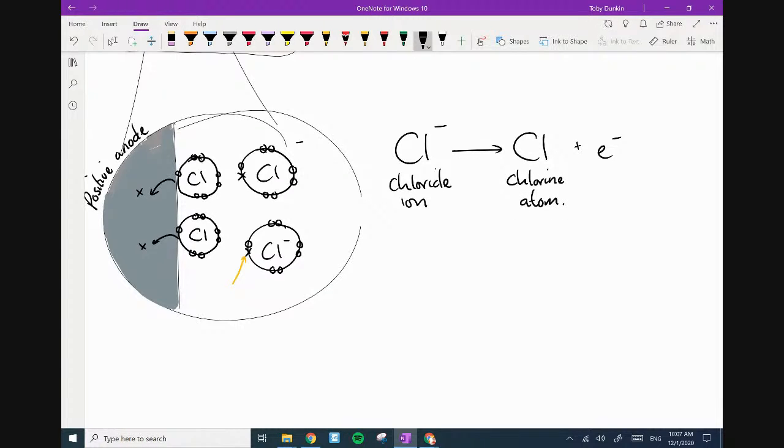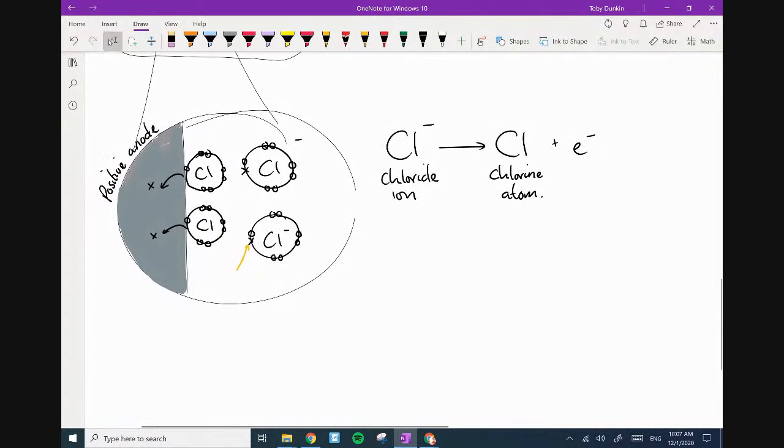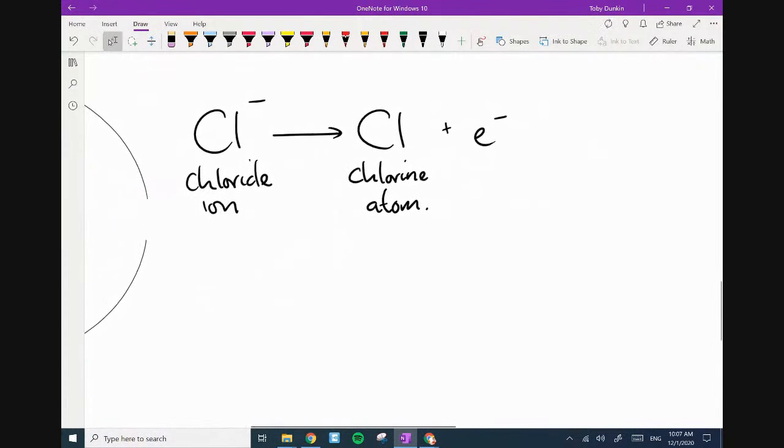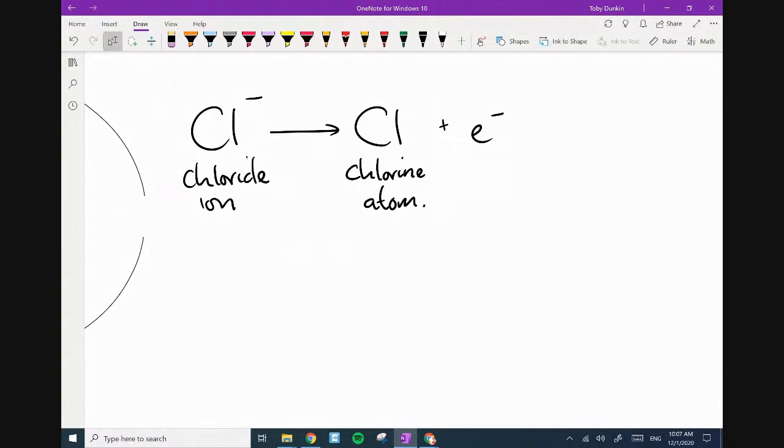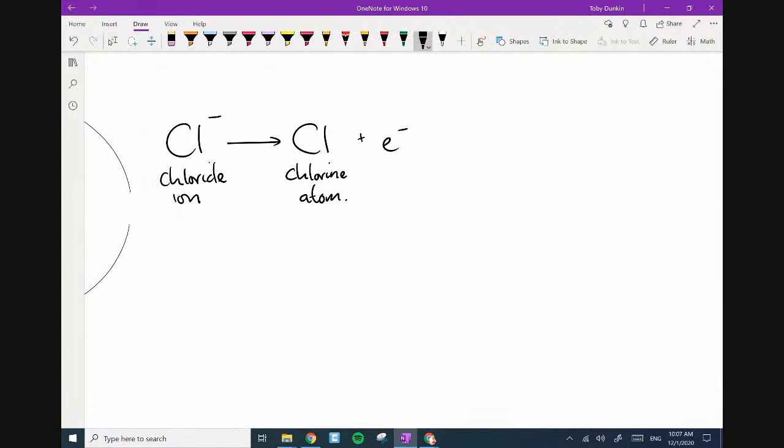Now, here's the thing. Oh, I'll put this out to the chat. Who's going to remember? Oxidation or reduction? Oil rig. Everything goes back to oil rig. Oxidation is loss of electrons. Reduction is the gain of electrons.